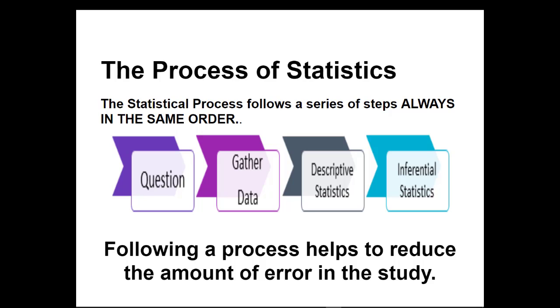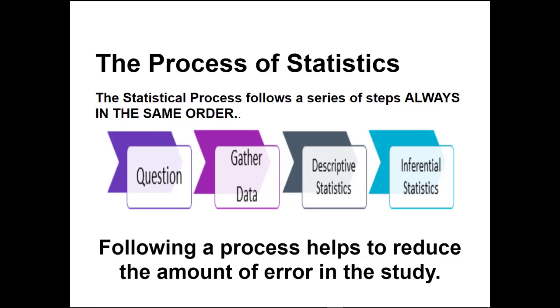The statistical process is a major component of statistics, so we will be discussing this process throughout the course over and over again. I will refer to it in many different lectures. The purpose of the process is to reduce the amount of error in the study. I want to go into the first stage of the process, the question stage, in more depth today. This way you can see how from the beginning we start to remove any factors that might contribute to error by the end of our study.